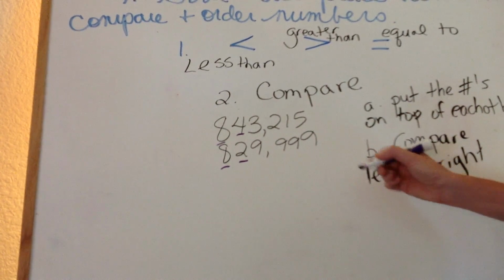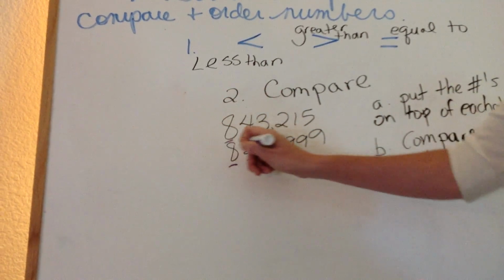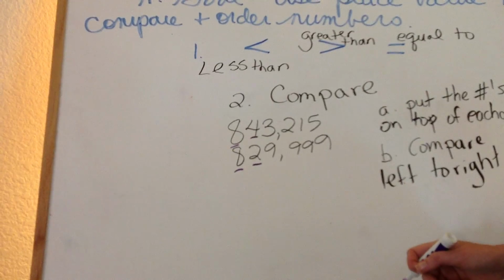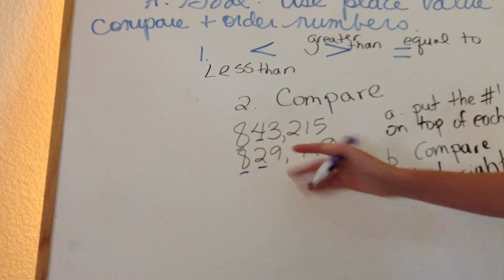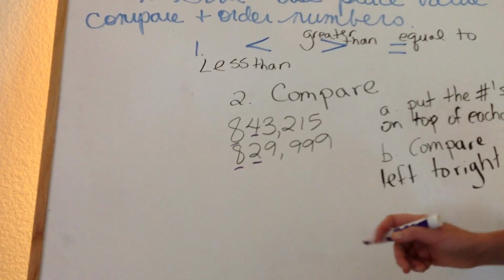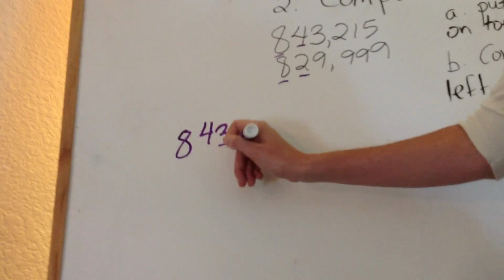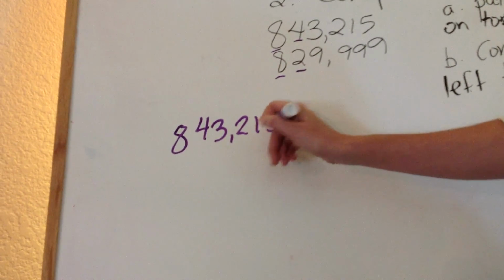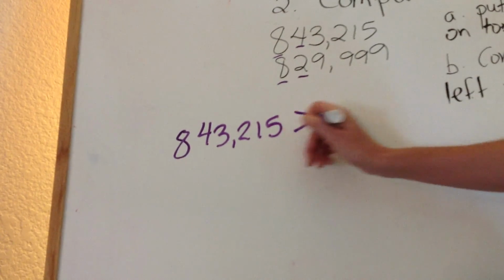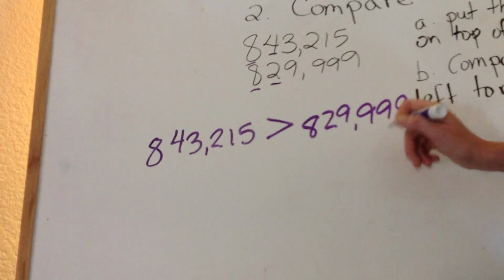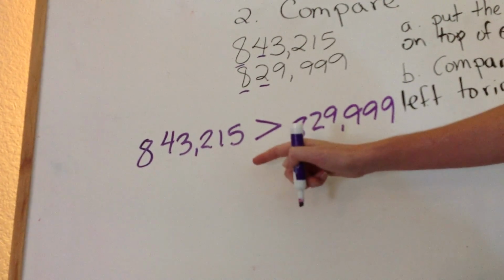The 4 is bigger, so I know that this number, 843,215, is going to be bigger than 829,999. So I would write 843,215 is bigger than or greater than 829,999.